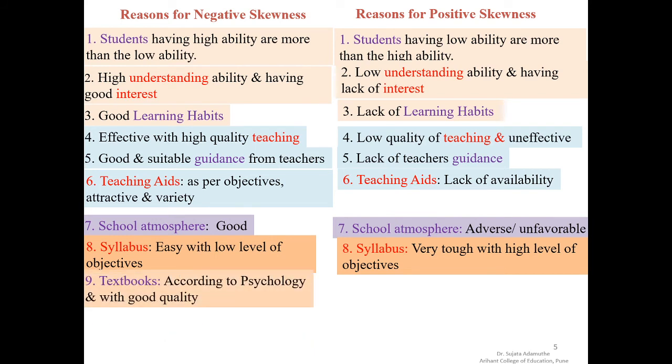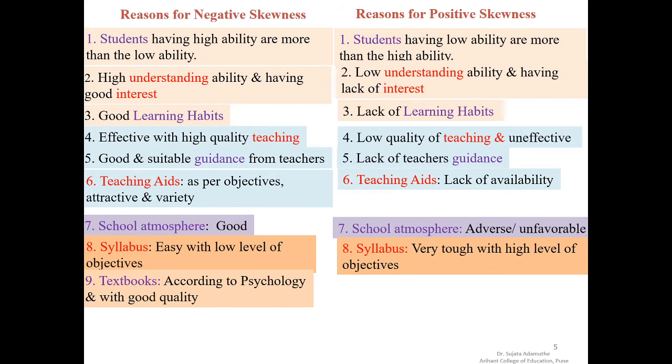Then, if the textbooks are according to psychology and of good quality, we will observe the negative skewness. Suppose in the textbook very high quality paper has been used, very good pictures are there, and the principles of learning, that means easy to difficult level, have been used there.